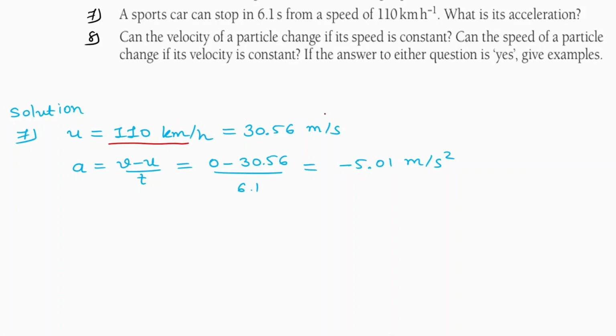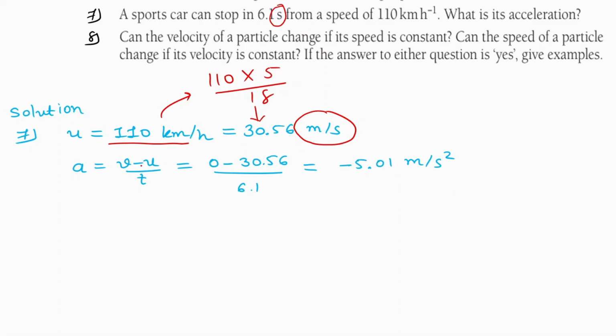Why do I convert this into meter per second? Because the time is given in seconds. So you just take 110 and multiply by 5 upon 18. Okay, you will get the answer about 30.56 meter per second.